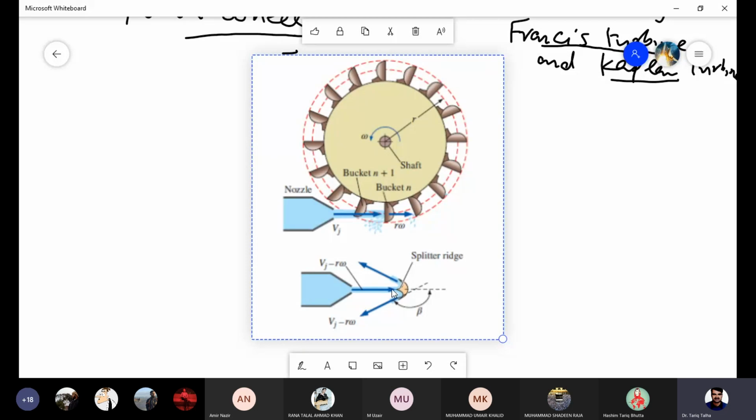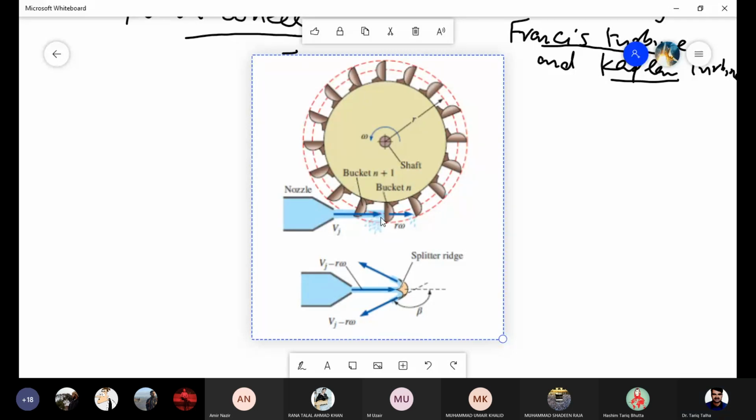Otherwise, all the fluid would be entrapped in this, and maybe it would go downward rather than sideways, because this change in direction of velocity would impart a net force on this blade. Due to this change in direction of the velocity of the jet, there would be a net force from left to right. So that's why this whole disk would move anti-clockwise, right?